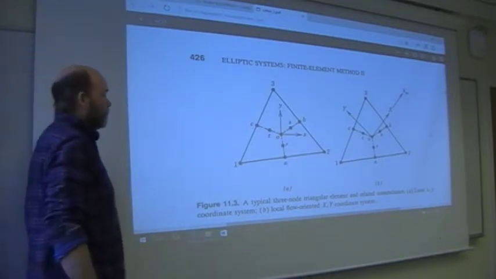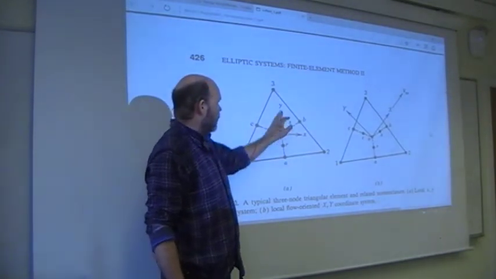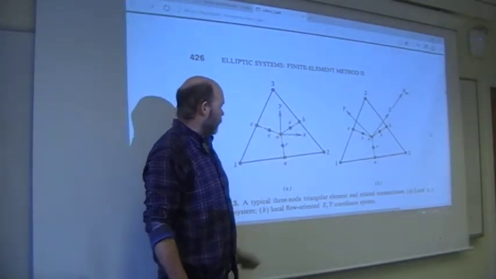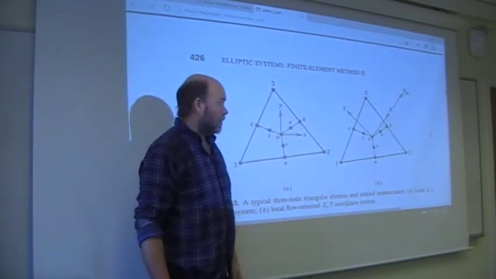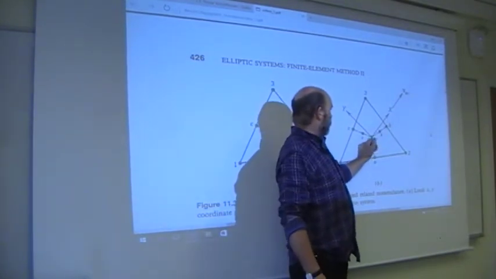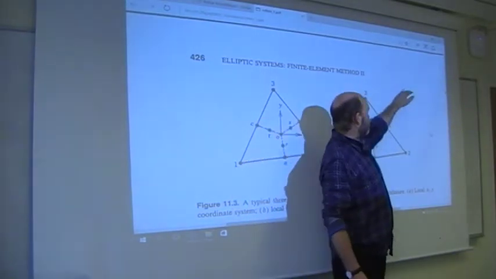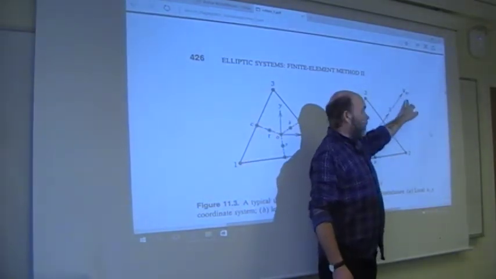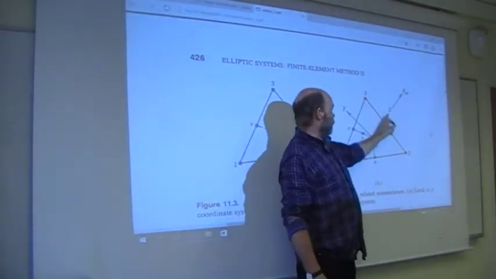So you will normally treat a triangle like this, with a local coordinate system inside, in the origin. When we come to the velocities, we might tilt this local coordinate system so that the x-axis goes in the average velocity direction. Remember, you have your unknowns in the corners here.